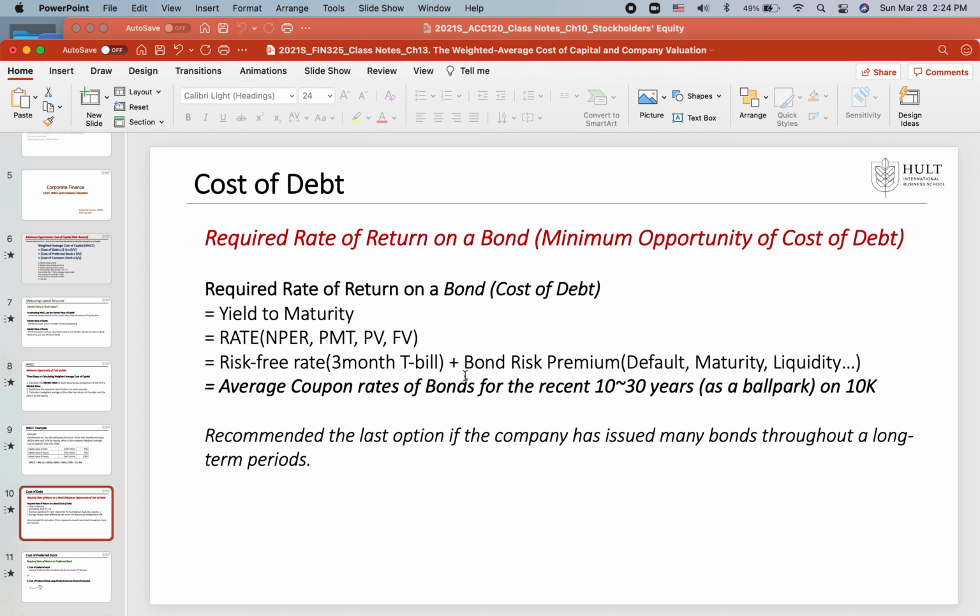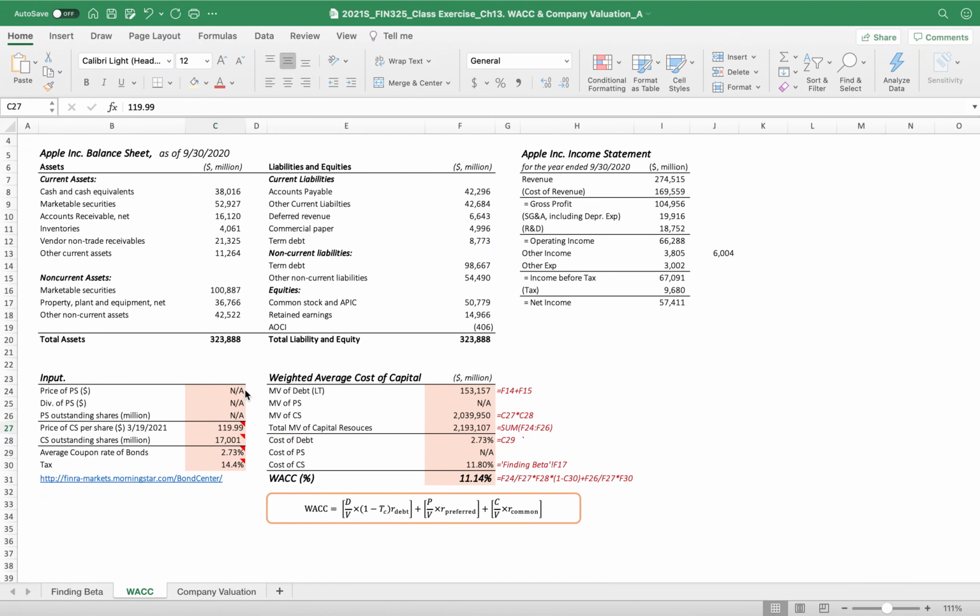As a starting point, we are just using the average coupon rate of bonds the company has issued over the recent 10 to 30 years, even if they have already expired, because we want to know the actual credit ratings for a very long-term period. Apple at this time has very high credit ratings, AA plus, but who knows what would happen in the future, right?